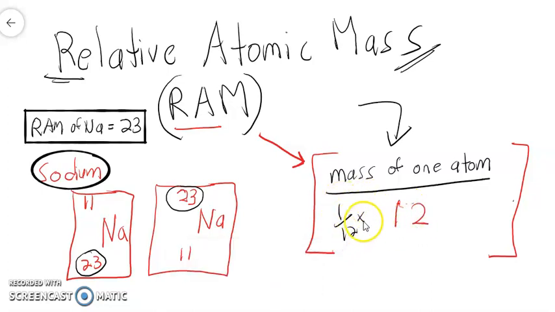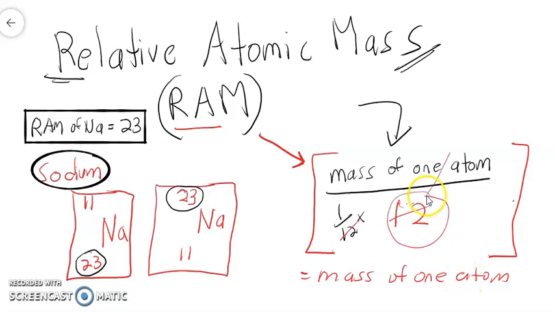So 1 over 12 multiplied by 12 here, you will have the mass of one atom. How do I get this? Because this 12 here for carbon is the RAM.